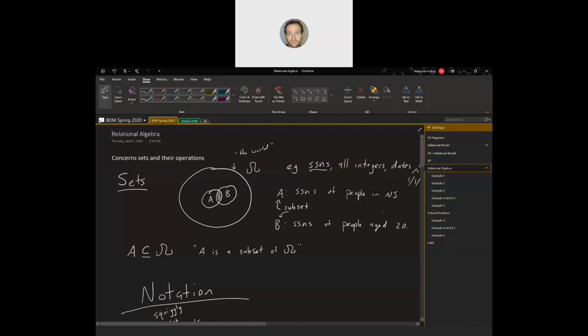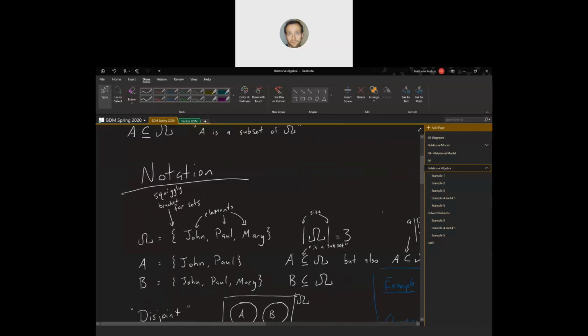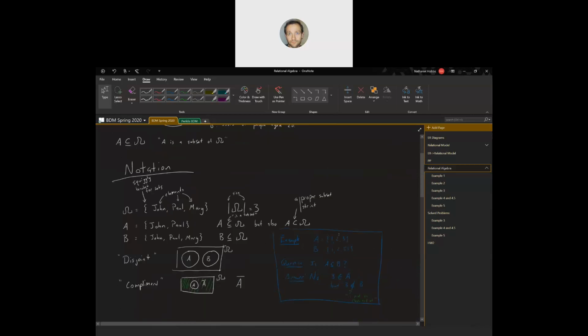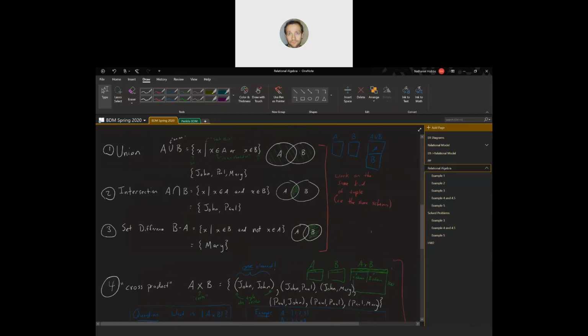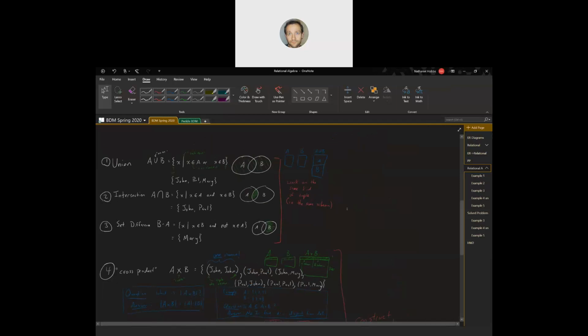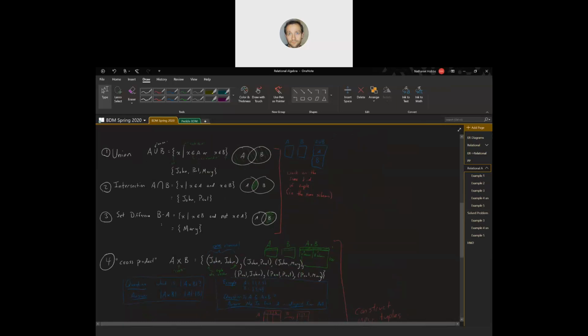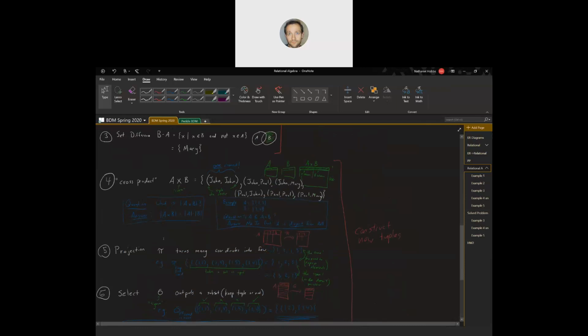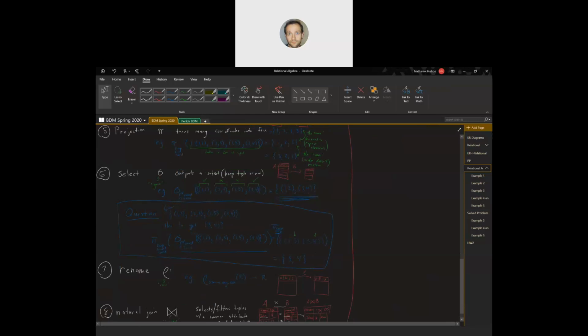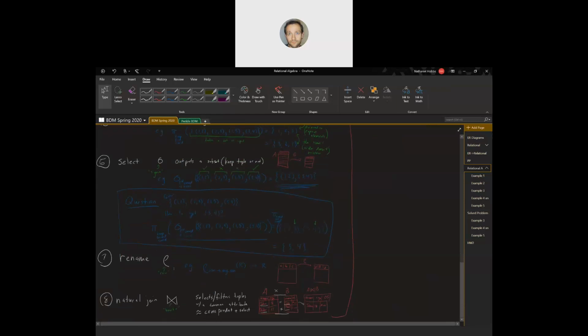I hope you have some notes set aside, but just as a very quick reminder, what I'm calling the vocabulary of relational algebra are these operations. You have a union, an intersection, the set difference, the cross product, the projection, select, and rename, and really that's enough.